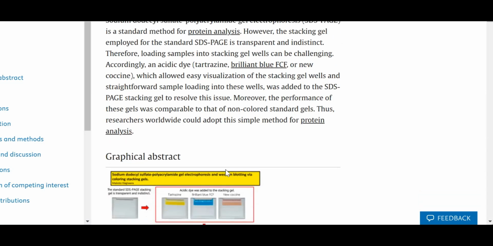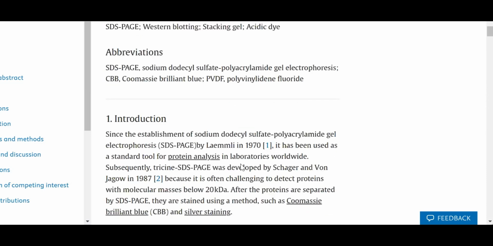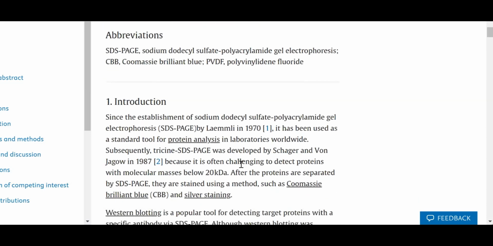This photograph shows the stacking gels in different colors: pink, blue and yellow. Different agents are added, and that is how you can monitor the protein sample getting concentrated in the stacking gel, and then it will run over the resolving gel, migrate and get resolved into components.